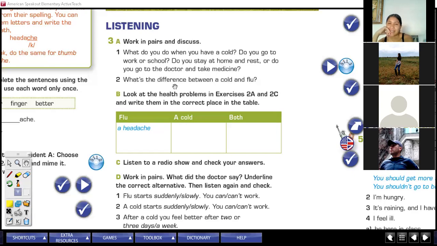And the cold is like you feel a temperature. Even if you're not cold, you feel cold, but you don't have that flu. And with the flu, you can't even breathe or sleep because you're all the time throwing all this liquid from your nose.